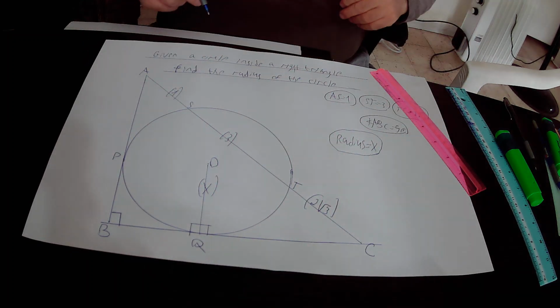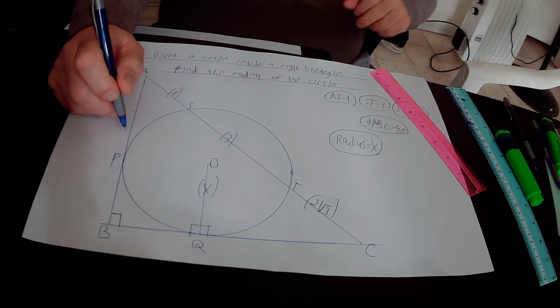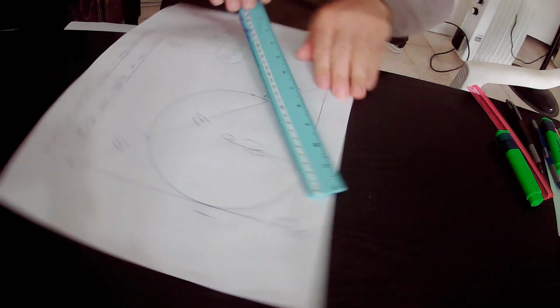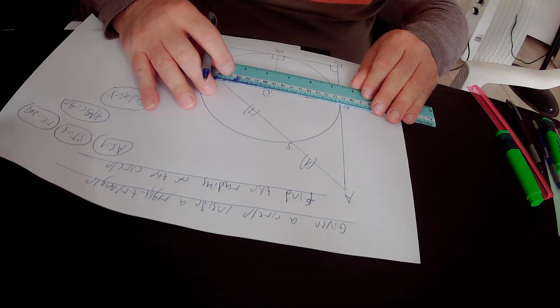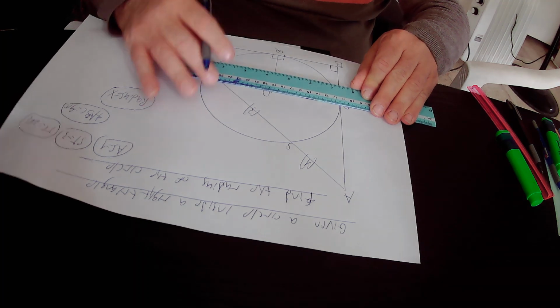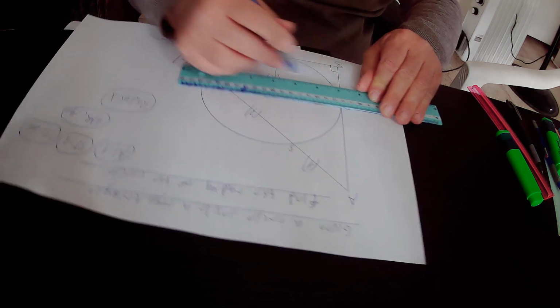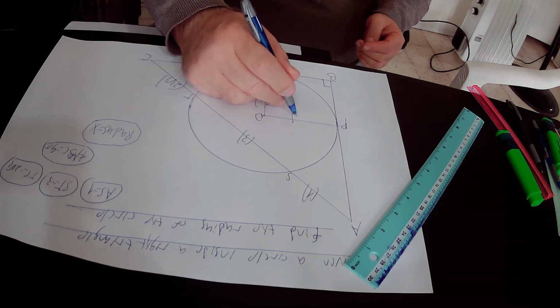Likewise, we join points O and P together by a straight line. Line segment OP is the radius of this circle, that is equal to x according to our definition.